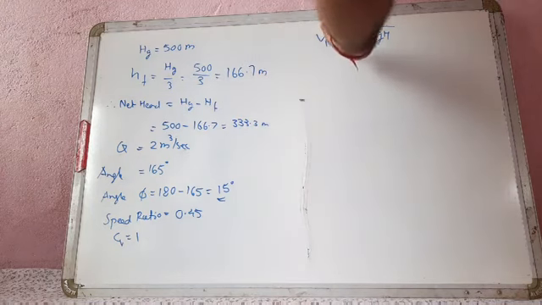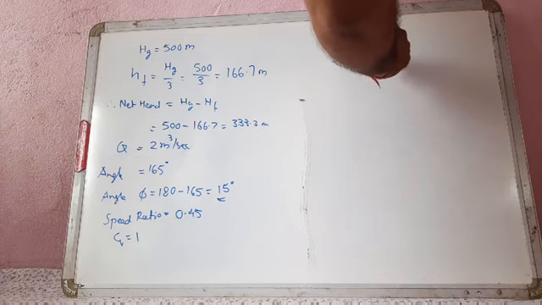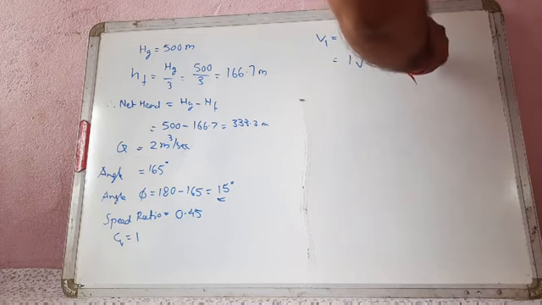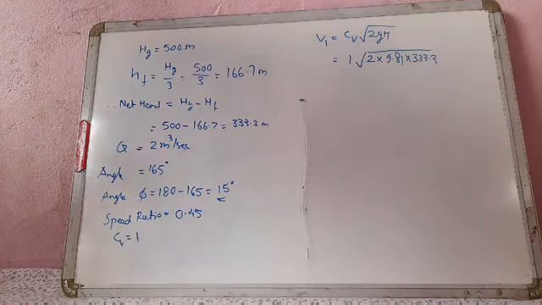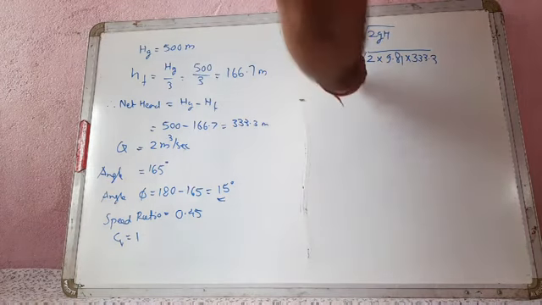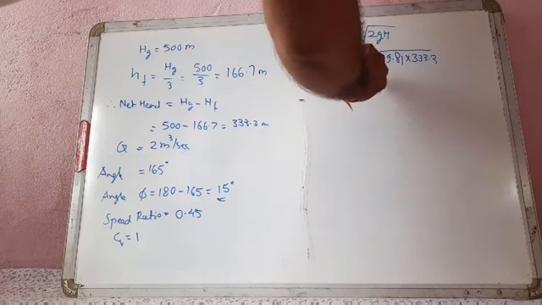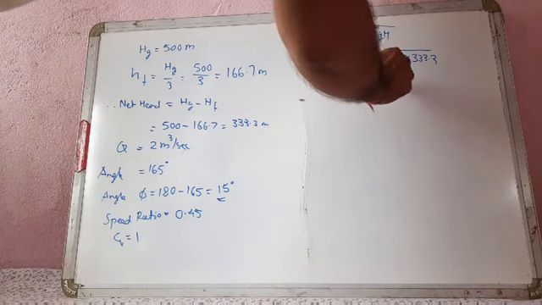So putting here the value, CV equal to 1, root 2 into 9.81 into H, which is 333.3. So here the value of V1 is 80.86 meter per second.